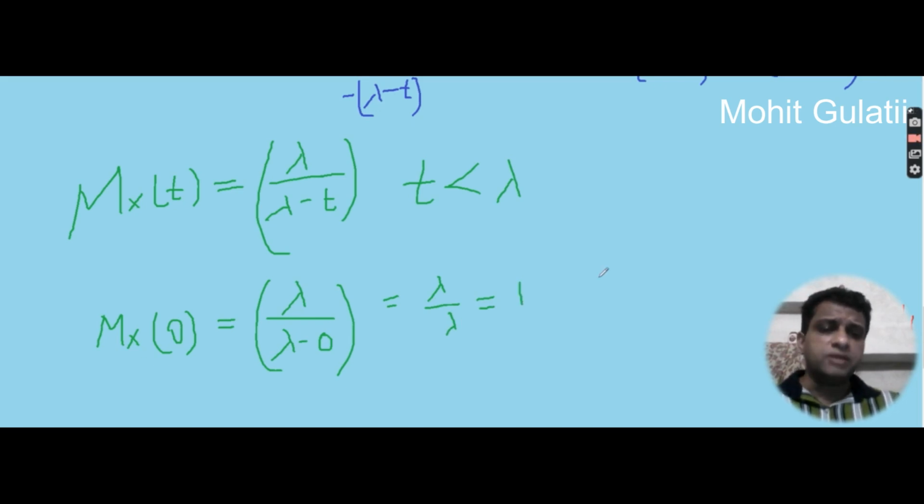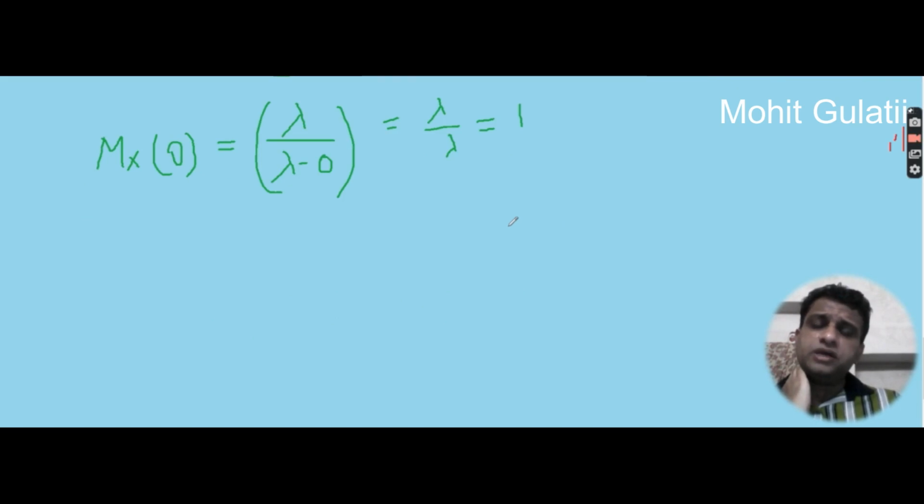So it's coming 1, which means the expression I have derived, lambda over lambda minus t, is correct. Now I'll show you how we can find the moments or mean using this function.